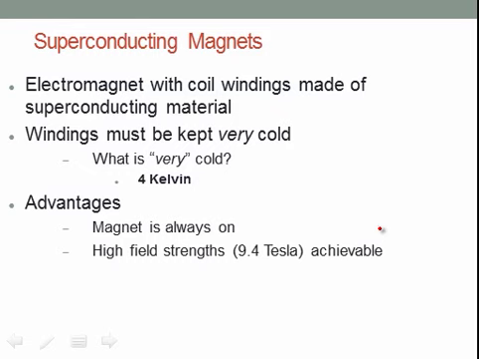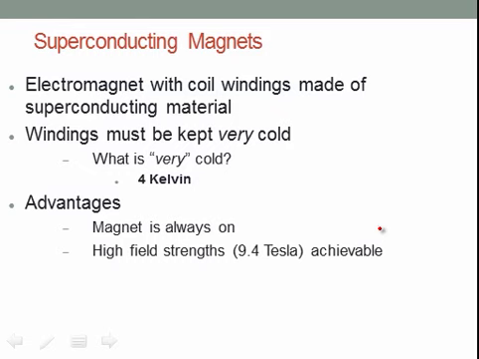You just wouldn't be able to make a permanent magnet with a field strength of, for example, 9.4 Tesla.